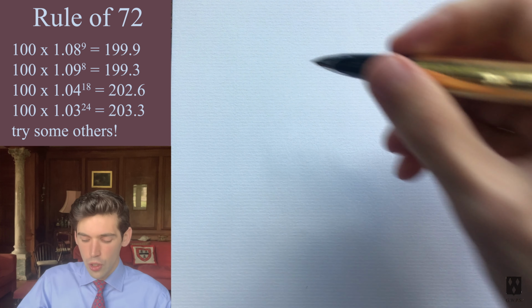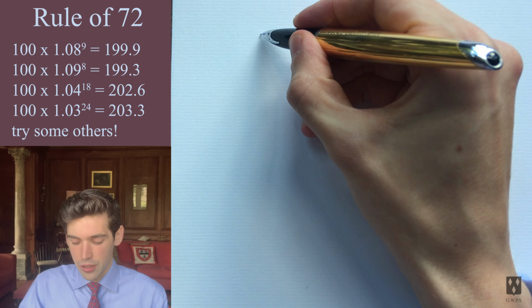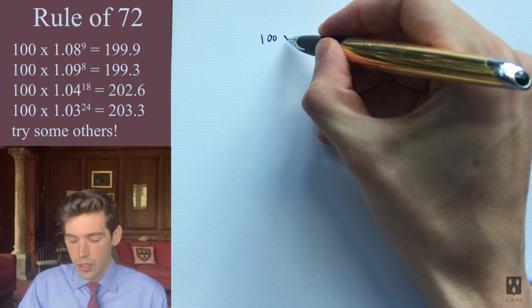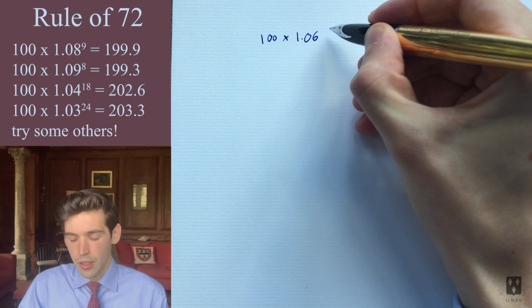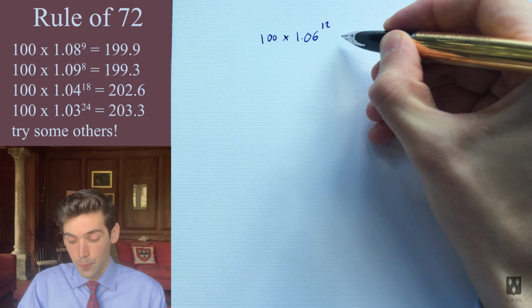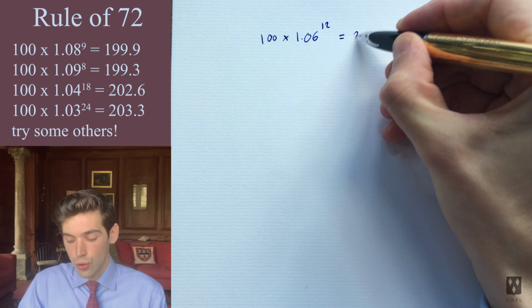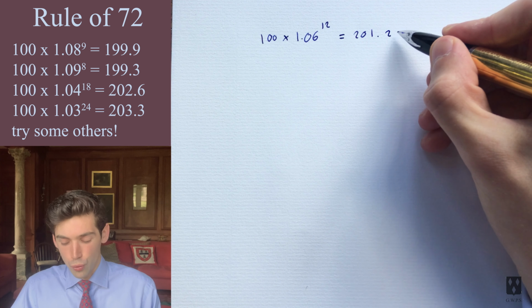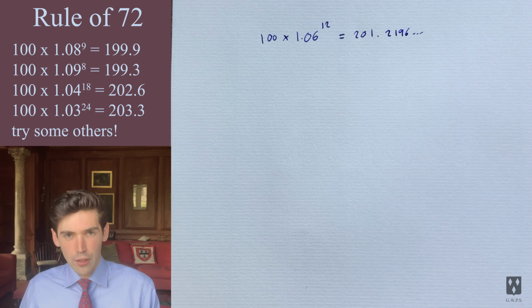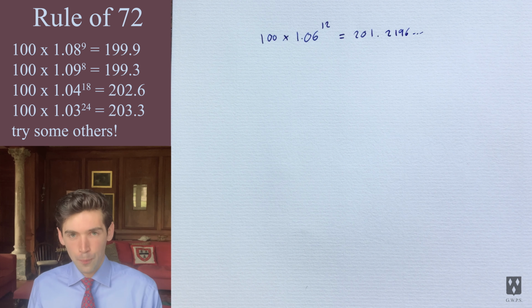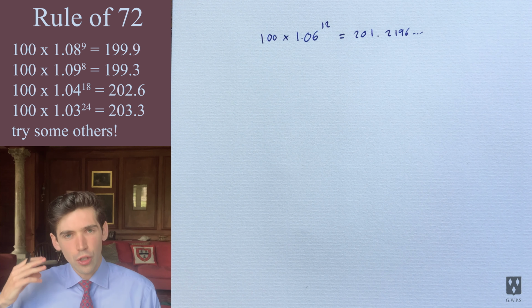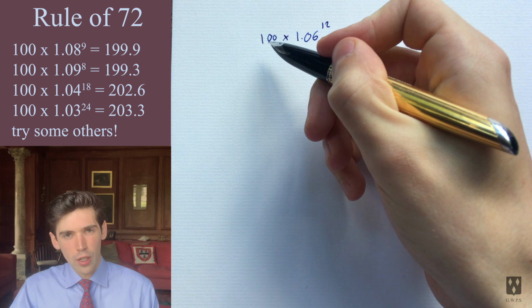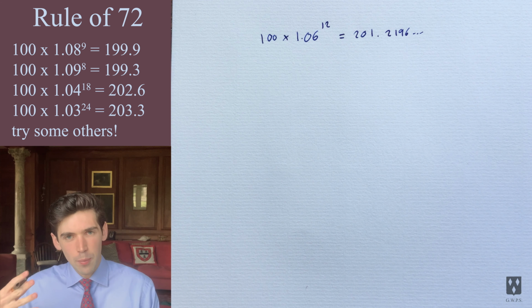So in the first example, we had 100 times 1.06 to the power of 12 gave us 201, thereabouts, 0.2196, etc., etc. Doesn't matter really, it's about 200. But really what we're interested in is not so much the starting value of 100, but the fact that we are doubling in value.